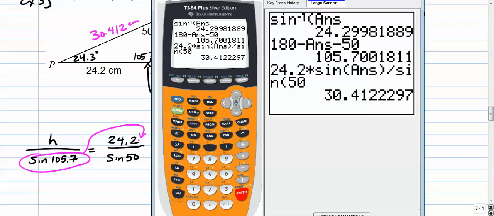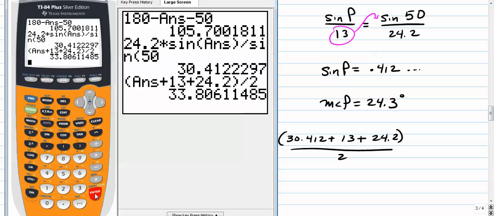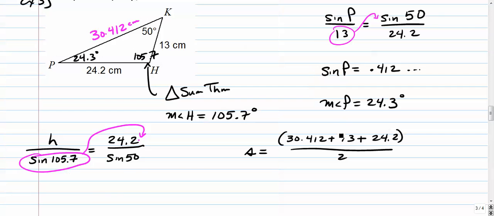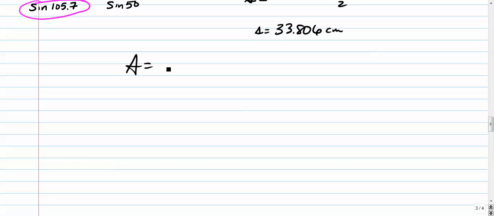So again, open parenthesis, answer plus 13 plus 24.2 all over 2. And meanwhile, I'm always checking to make sure I didn't make any mistakes calculating this stuff. 33.806. So S is 33.806 centimeters.